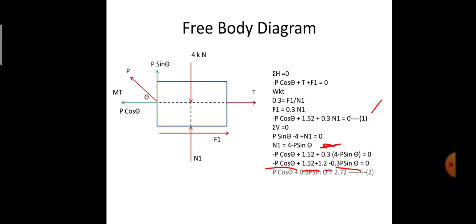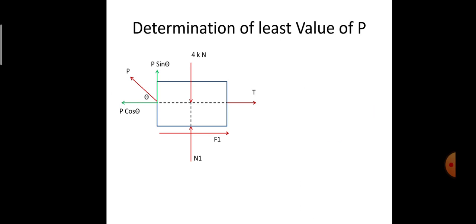Upon simplification I get P cos theta plus 0.3 P sin theta is equal to 2.72. This is the final result of the simplification of sigma H and sigma V.